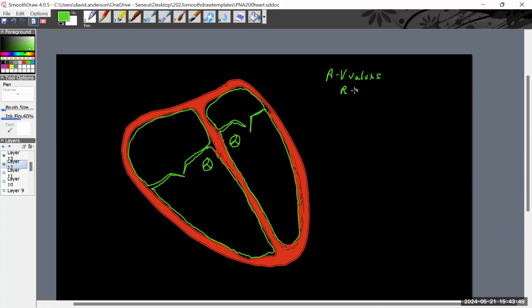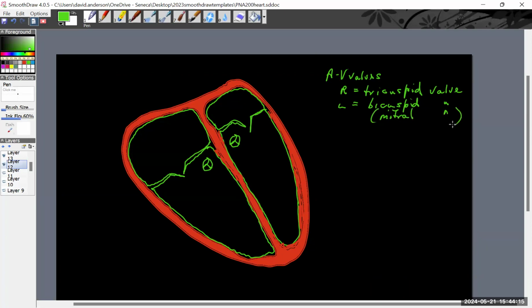The right one has 3 cusps. So it's a tricuspid valve. And the left one only has 2. So it's a bicuspid valve, also known as the mitral valve.